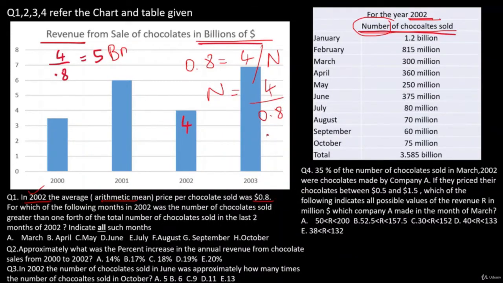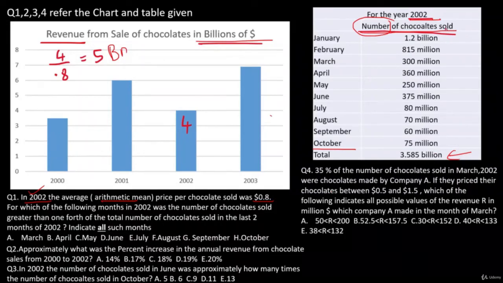Now let me make some space over here. Now, what is the data given in the table? It talks about the number of chocolates sold in the year 2002, and the total over here is 3.585 billion, right? And you can see that data is only given up to October. Now in the year 2002, you have 2 more months, that is November and December.